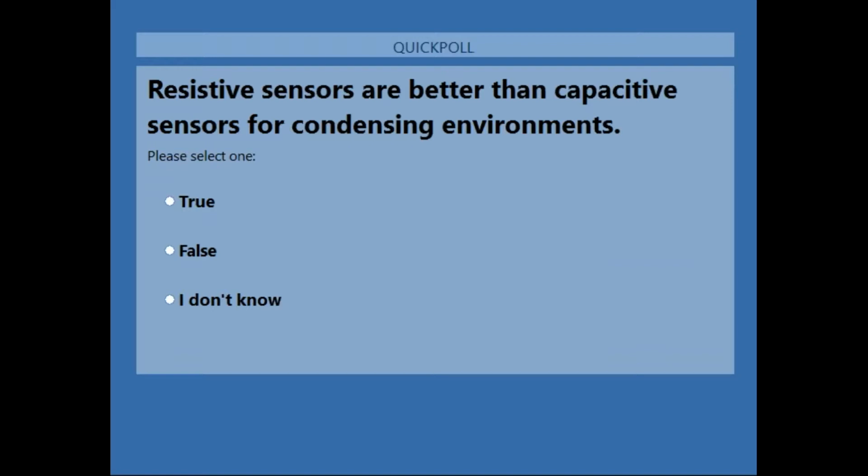Resistive sensors are better than capacitive sensors for condensing environments. True or false? Give it a few seconds. Looks like most folks are getting this correct. Always glad to see that. Okay, I think everyone's voted. Last chance. 5, 4, 3, 2, 1.